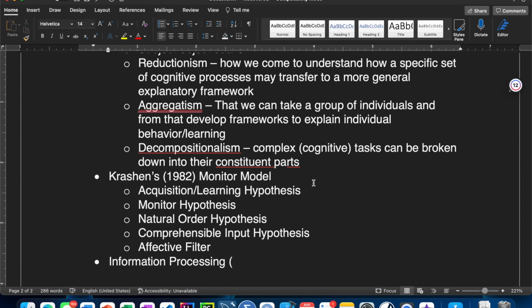And here for information processing, we're going to be pulling from a couple of different places. This will come from McLaughlin, 1987, who originated the idea. I'll be summarizing some work from Mitchell and Myles, I'm sorry, I always get the author order mixed up there, 2004. And then there's also been some contributions from Schmidt, and that was 2001 for more recent interpretations of that, right?